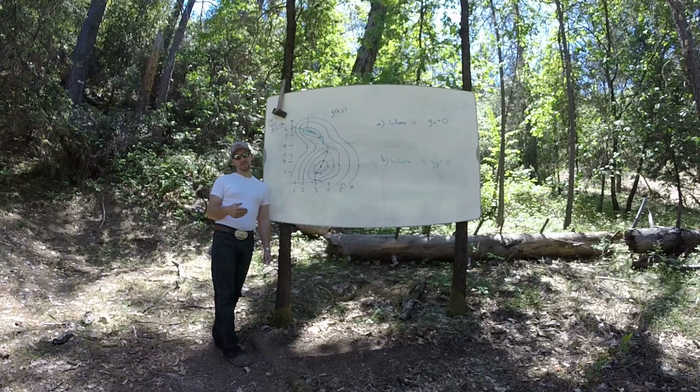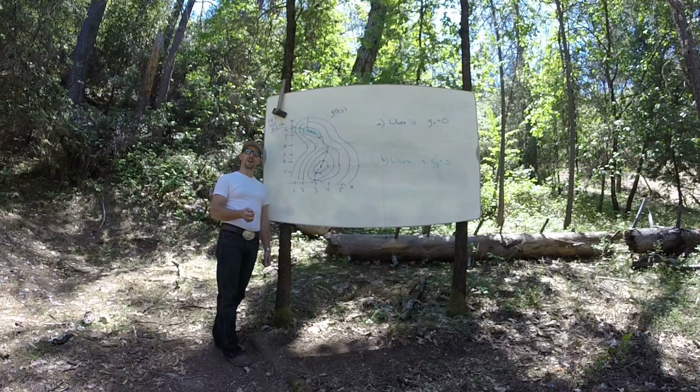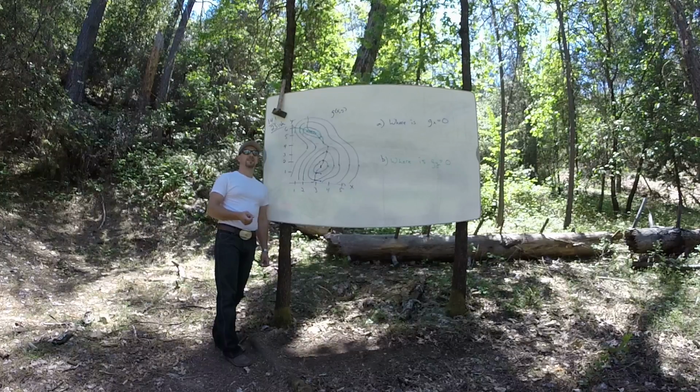Gradient descent's gonna tend to be perpendicular to the level curves, but maybe not exactly perpendicular to this.